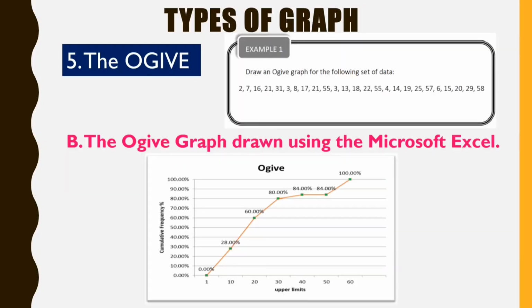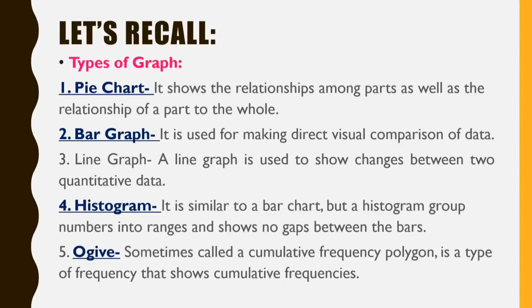Given that, we can use Microsoft Excel to input the data, and here is the result for our ogive graph. We can discuss more on this in higher mathematics. Okay, so as long as you know the difference between the different types of graph, then we are good to go. Let us recall.